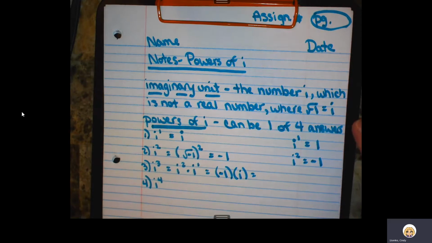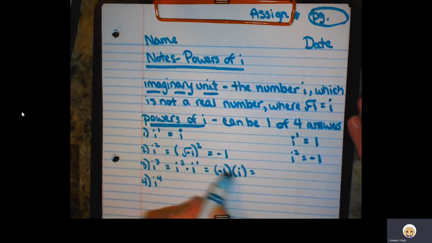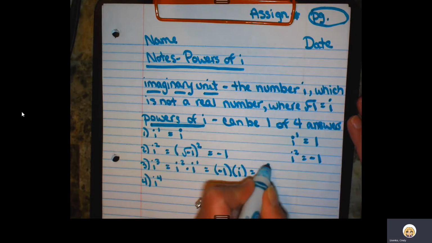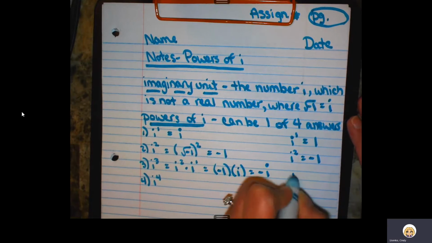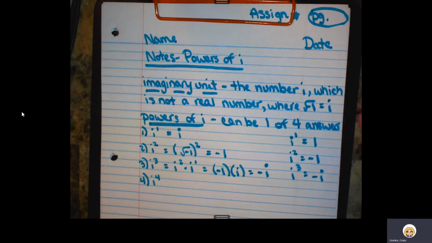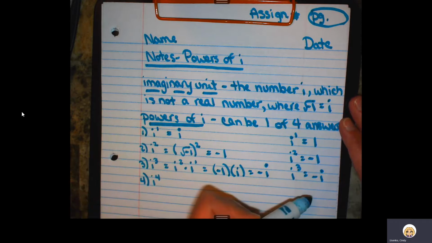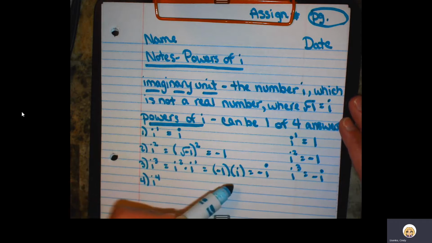So -1 times i is the same thing as -i. Anytime I see i to the third power, I can just rewrite it as -i. These rules are just helping you see what our four answers are. You will not need to memorize any of this.